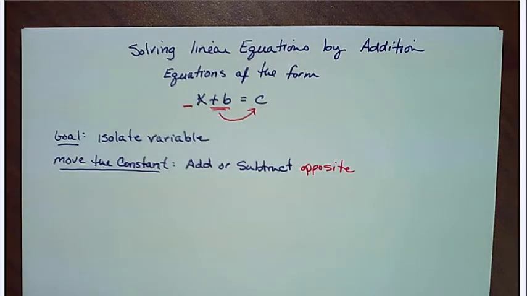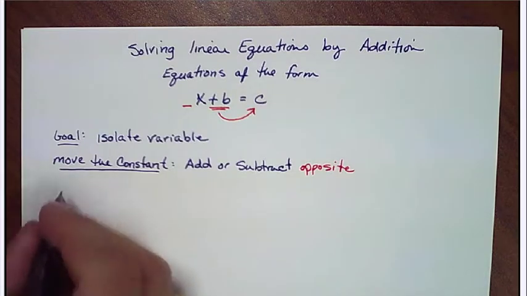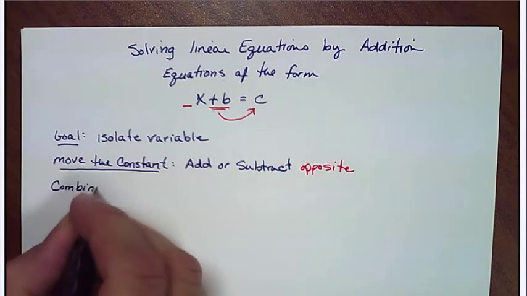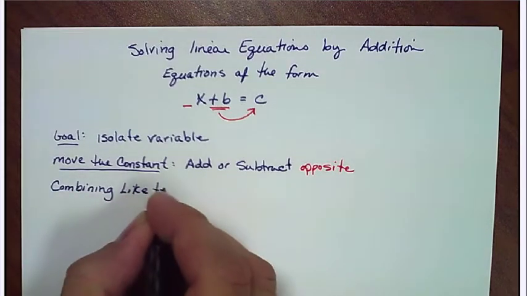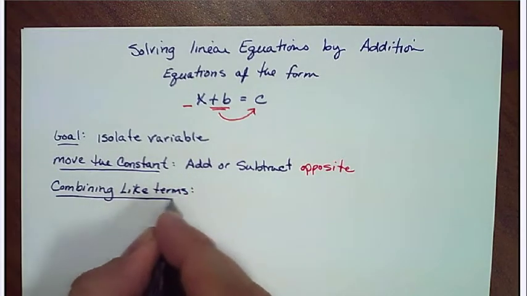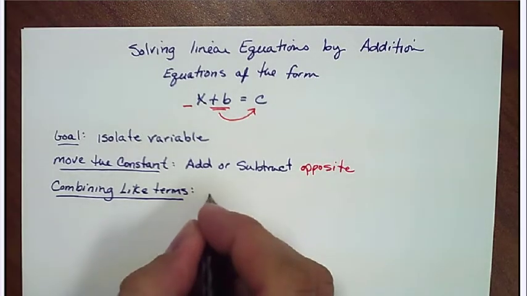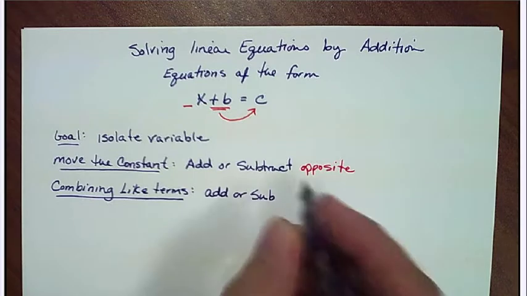Okay? There's one other thing I want to remind you of, and that is if we are combining like terms, and remember, a like term is the same variable raised to the same exponent. So if we're combining like terms, we are just going to either add or subtract the coefficients only.